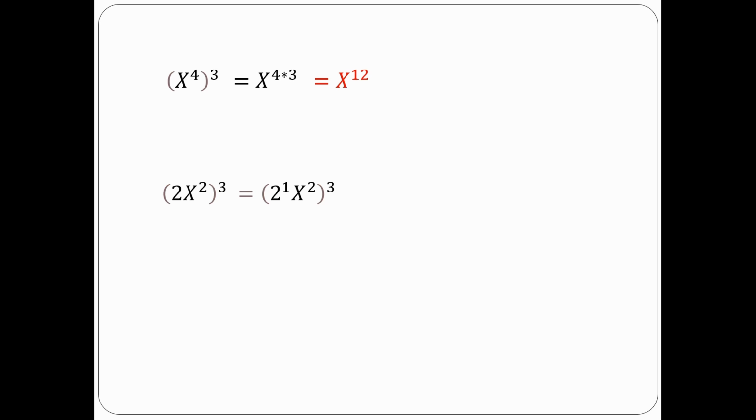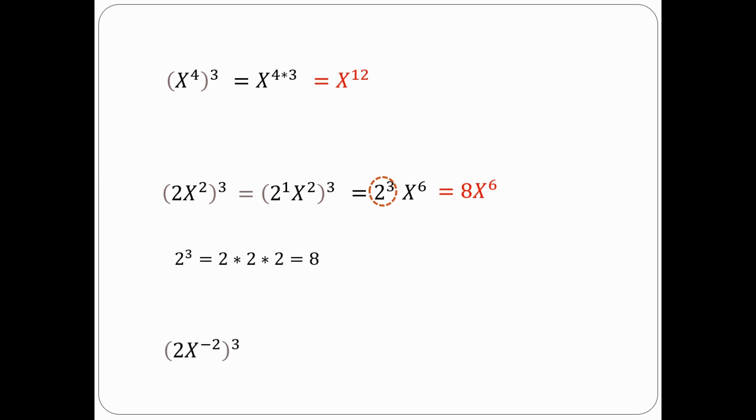And now by multiplying the exponent inside the parenthesis with the exponent outside, it will give you 2 cubed x to the 6. Now what is 2 raised to the power of 3? That is like multiplying number 2 three times. So 2 times 2 is 4, times 2 is 8. So the final answer is 8x to the 6.